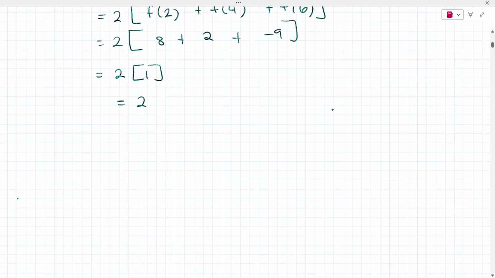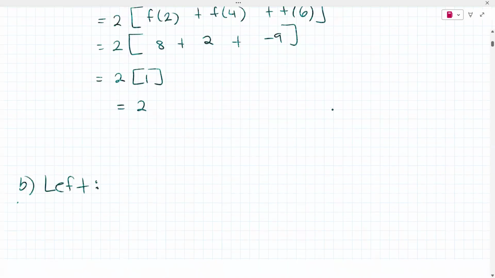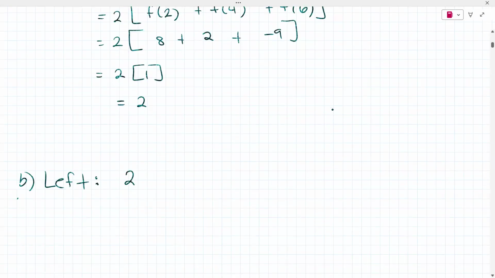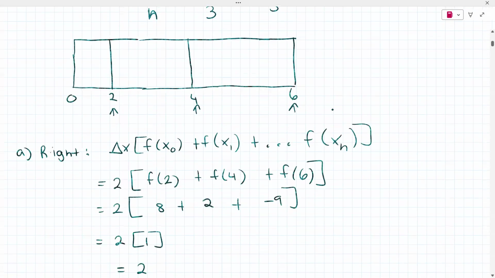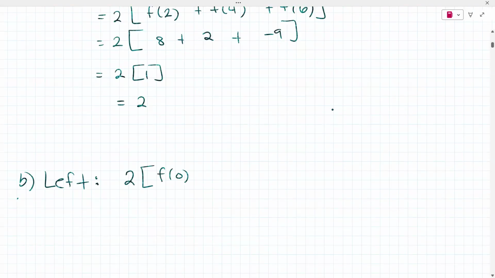Okay. Now let's do part B. Let's find the Riemann sum using the left side approach. So it's still delta x, which is 2. The only thing is we're going from the left. So now we're going to use 0 and then 2 and then 4. That's the only difference. So it's going to be f of 0 plus f of 2 plus f of 4.